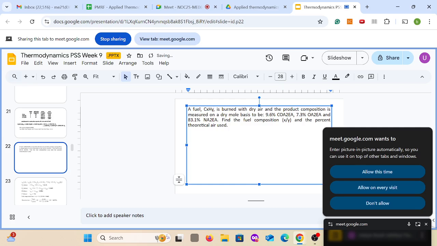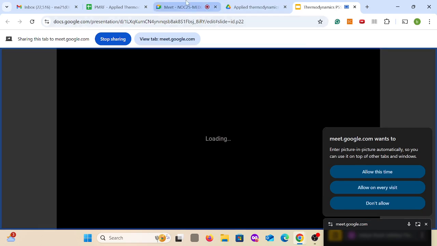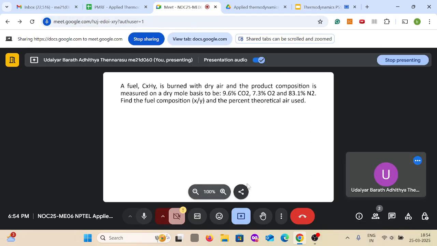CxHy reacting to form 9.6% of CO2, 7.3% of O2, and 83.1% of nitrogen. We need to find the fuel composition x and y and the percent theoretical air used.